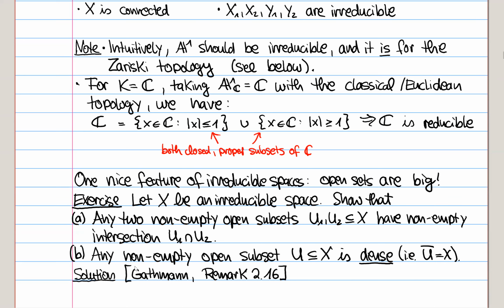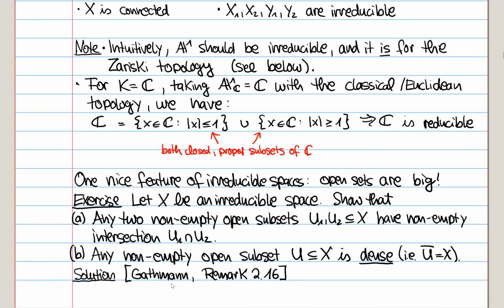And the second property is that any non-empty open subset in X is actually dense, which means its closure, the smallest closed set containing it, is everything. I encourage you to try this exercise yourself, because A is basically just a reformulation of the definition of being irreducible, and B also follows from very basic topology manipulations.